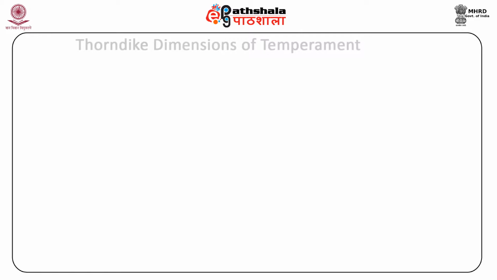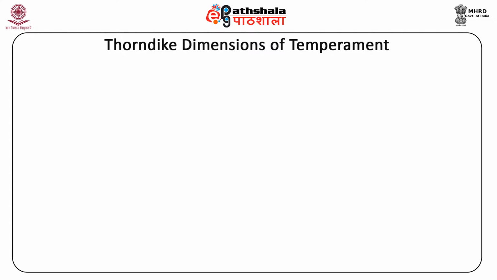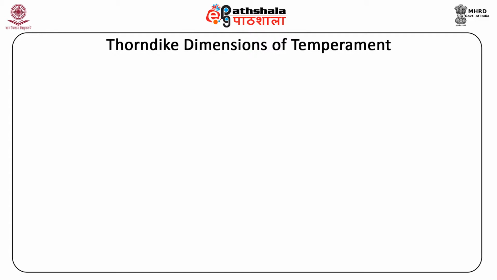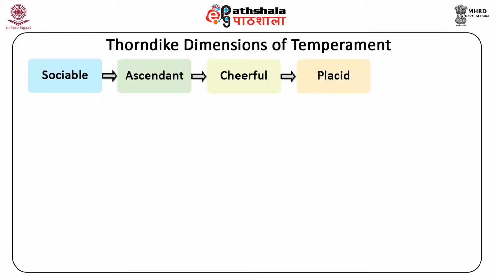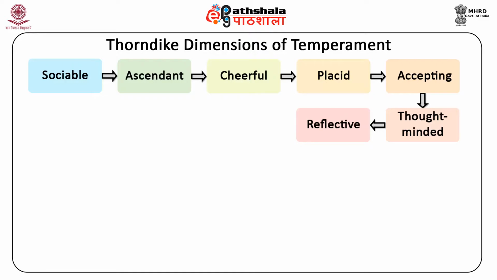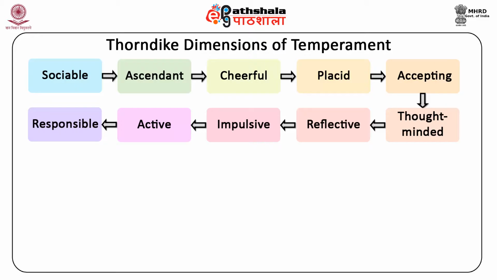Thorndike dimensions of temperament. The test provides scores on 10 temperament dimensions or traits. The traits' names are sociable, ascendant, cheerful, placid, accepting, thought minded, reflective, impulsive, active, and responsible.